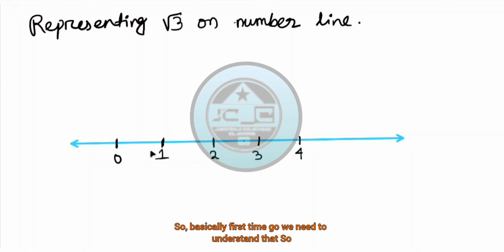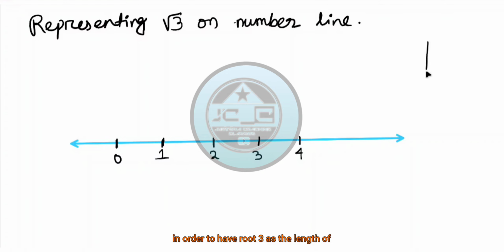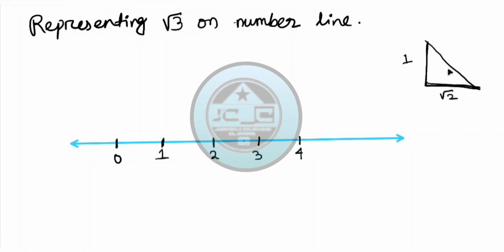So basically first we need to understand that in order to have √3 as the length of the hypotenuse, √3 can be represented by taking either √2 as the base and 1 unit as the perpendicular, or vice versa.